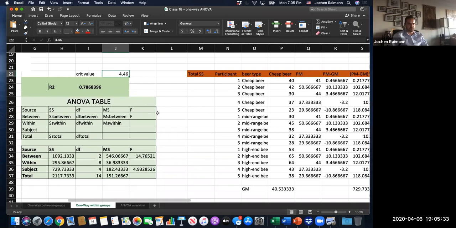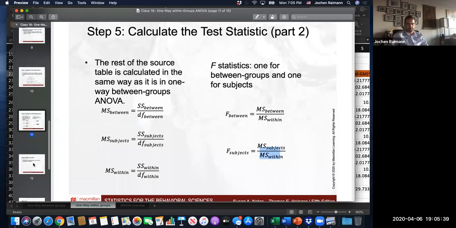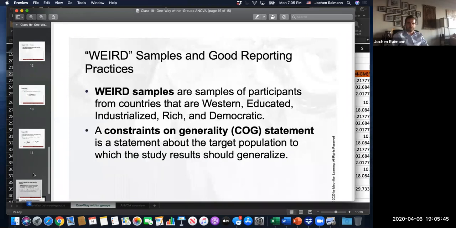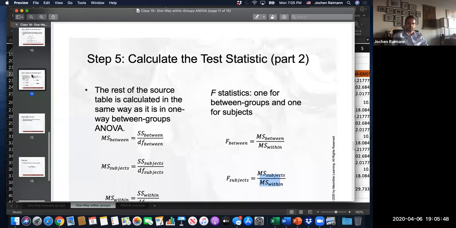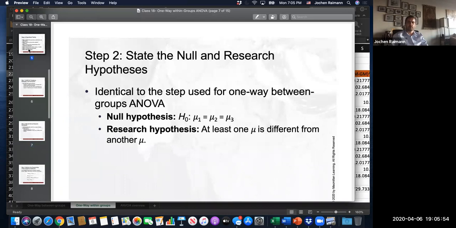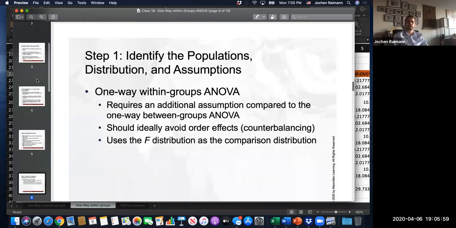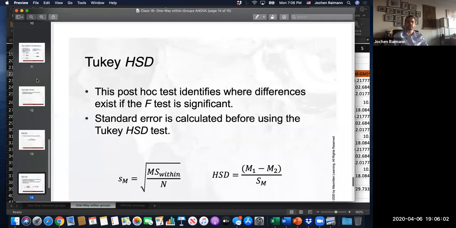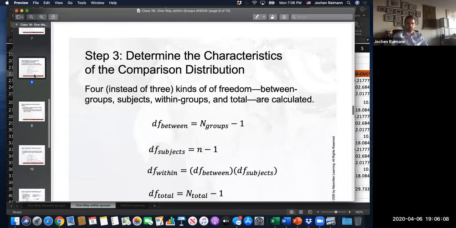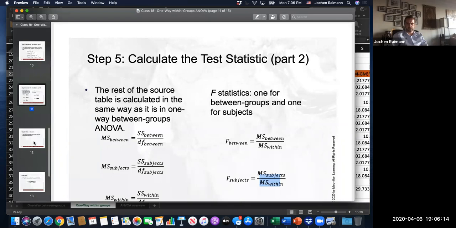And your critical value now, let's look that up. Make a decision, yeah. That's the F table. Okay, let's search for the F table.